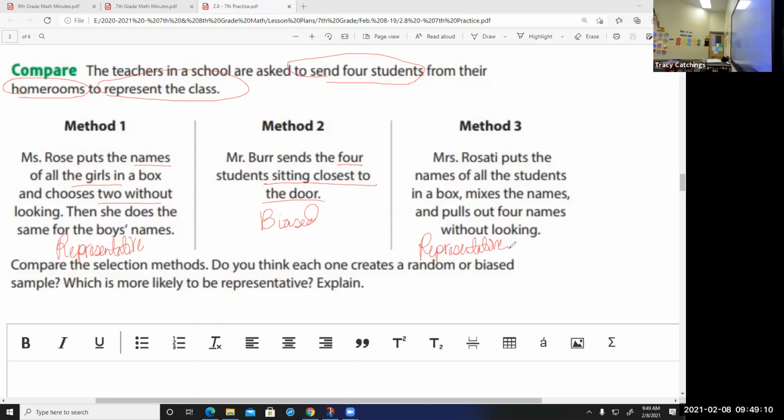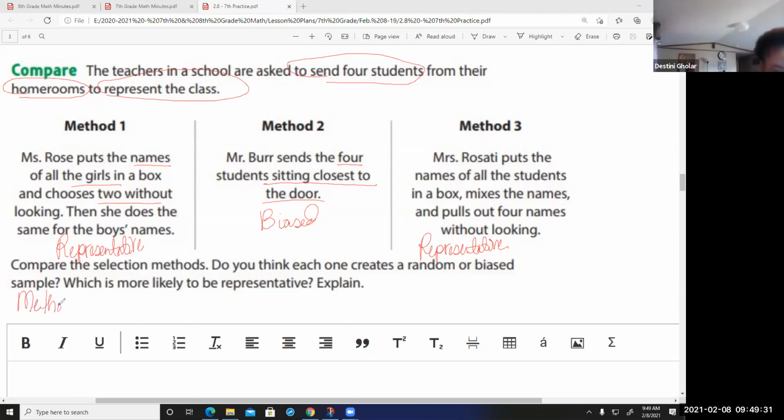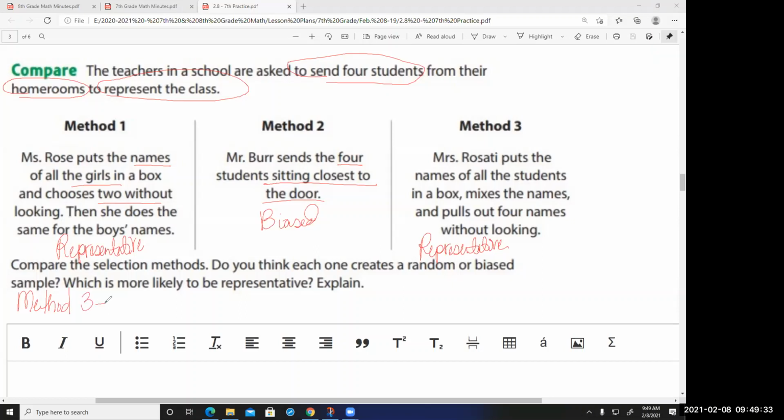All right, so it said compare the selection methods we just did. Do you think each one creates a random or biased sample? We just stated. And then they want to know which is more likely to be represented. Which one? Method 3. Why do you say method 3, Elizabeth? Because she mixes the names.